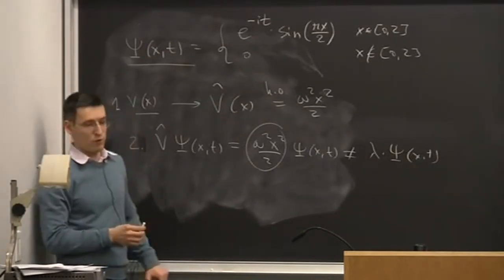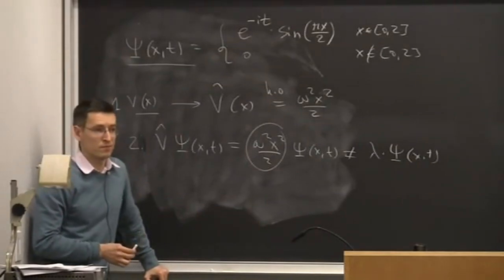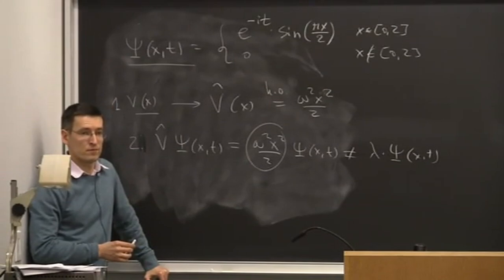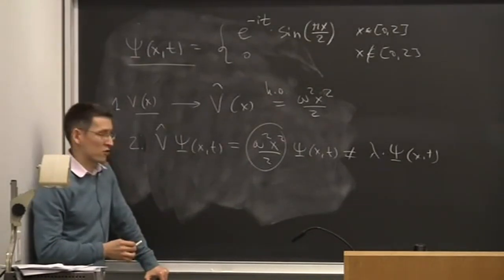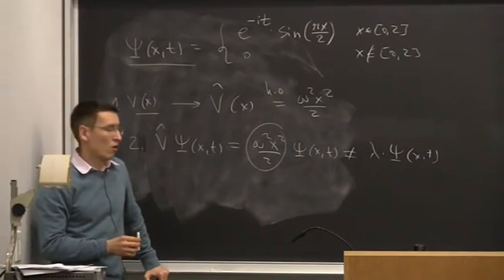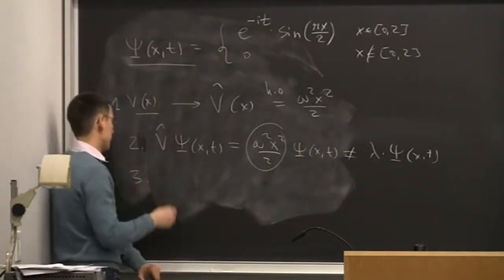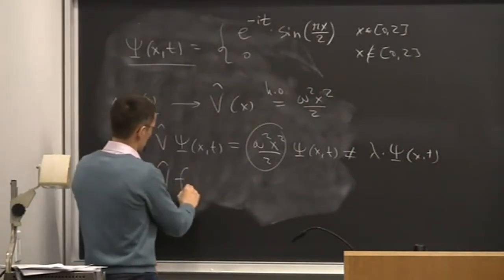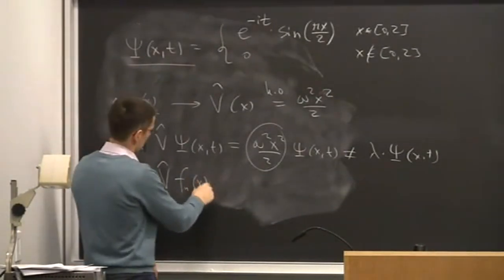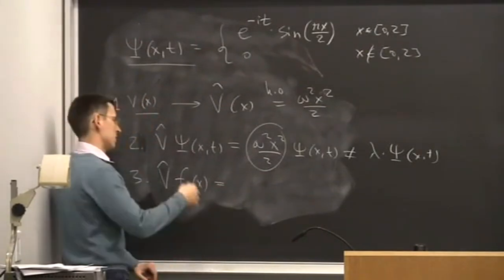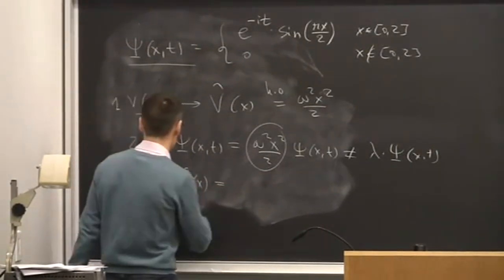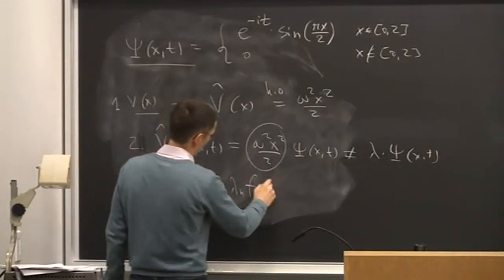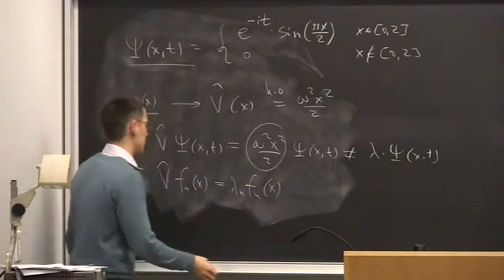You said we should get the coefficients. Eigenfunctions of what? Of the operator. So step number 3, we find, or someone gives us, and in this course I usually will always supply you with the eigenfunctions of the operators, or you will know them from the previous examples.